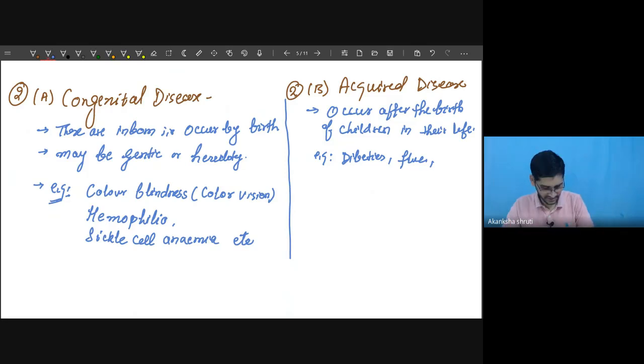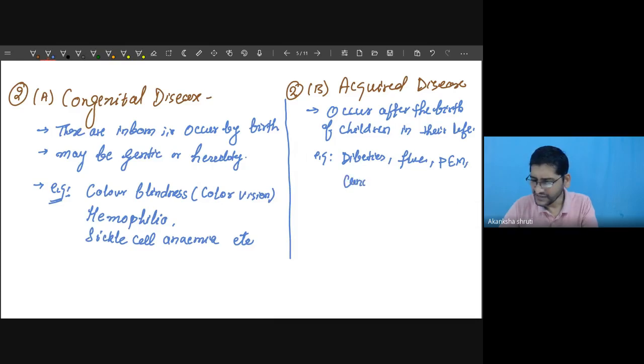If the baby is not given proper nutrition, then their bones get curved, which is called rickets. Rickets or PEM, protein energy malnutrition. These are called acquired diseases.